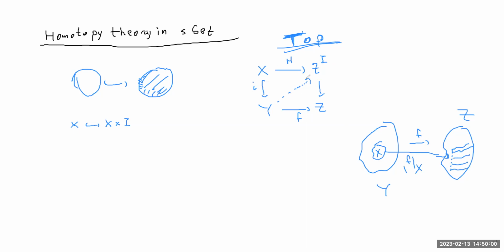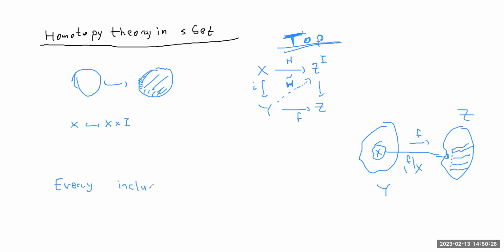And what the lifting tells us is that we can extend this homotopy, an extension of this map, that gives me for every point of X a path to all of Y. This is the modern way to describe a cofibration.